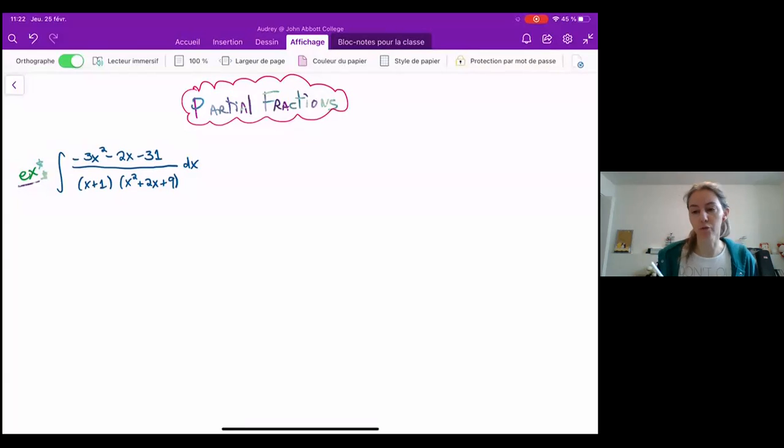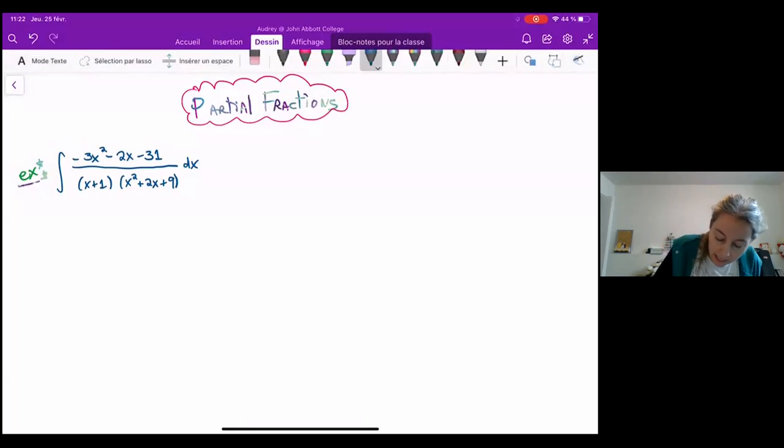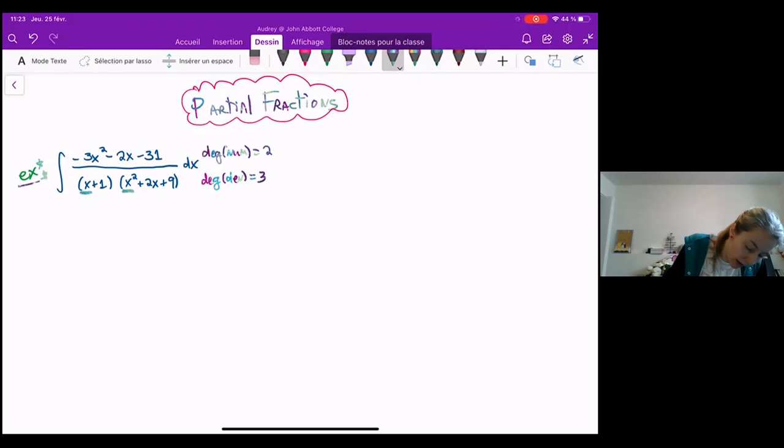So the first step of partial fractions is to divide if necessary. In this case, I can easily see that the degree of the numerator is equal to 2, and the degree of the denominator is equal to 3. The denominator is factored, so we need to check: x times x squared gives me x cubed.